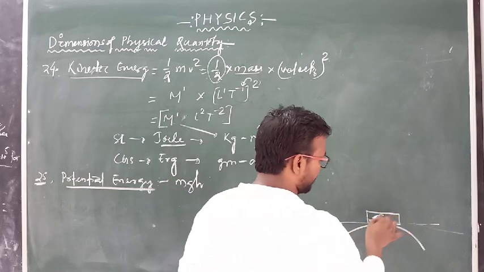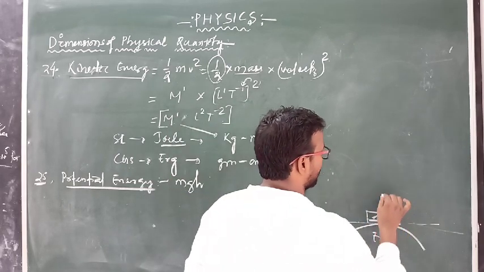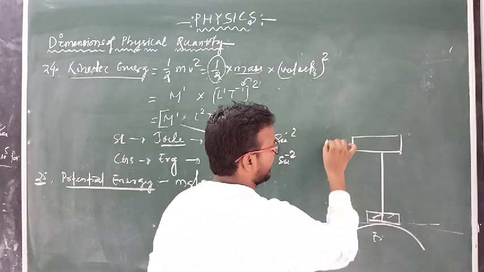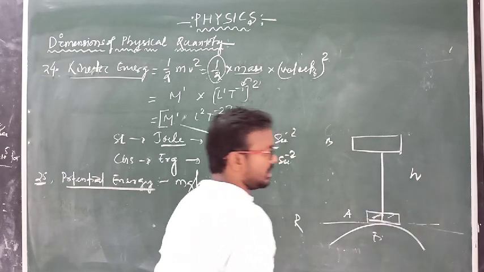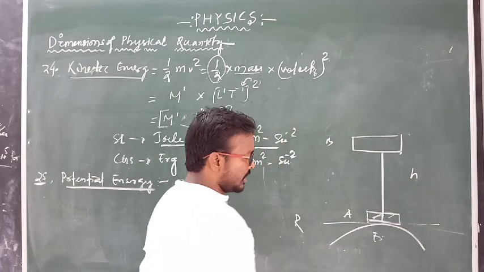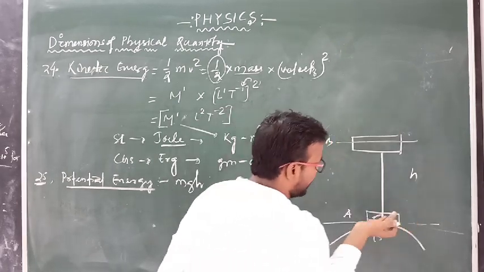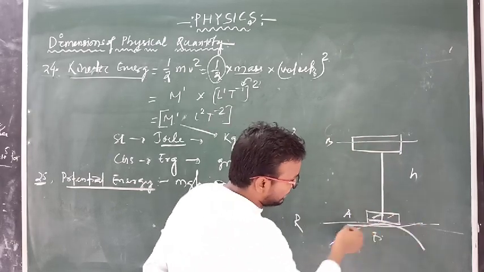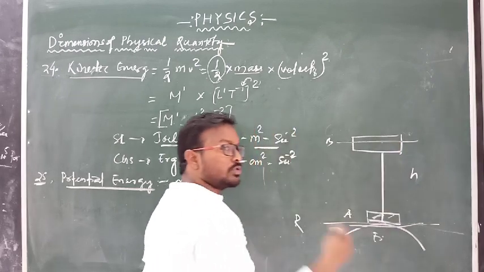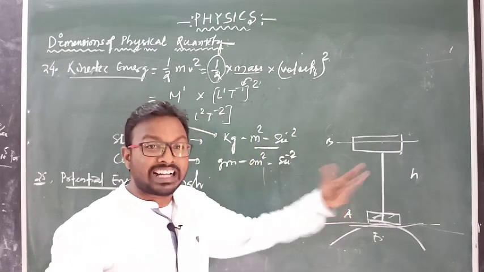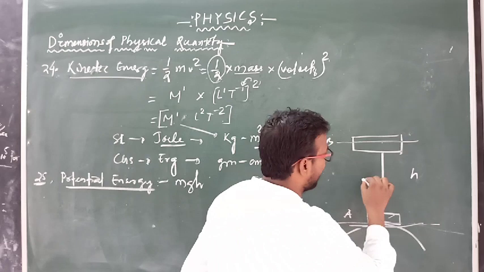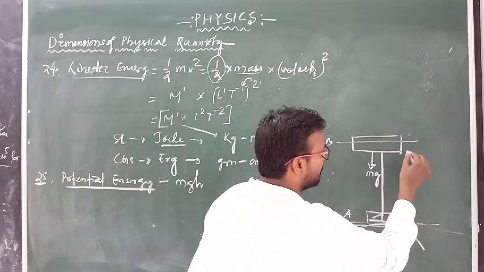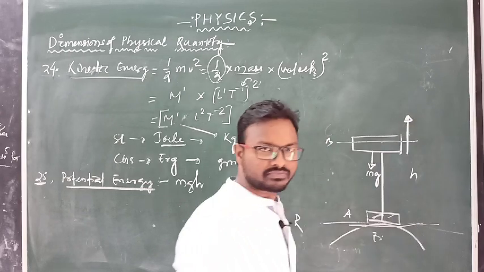Now we have to take this block through a distance, suppose from point A to point B through a distance h, or height h. Clear? So at this point, when we displace the body from reference line to h height, we have to do some external work against gravity. What is gravity? Because gravity is always in the downward direction and its value is mg, but the body displacement is in the upward direction.